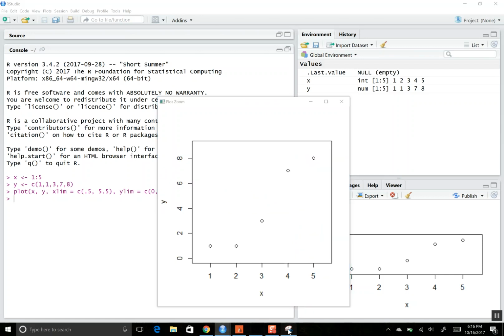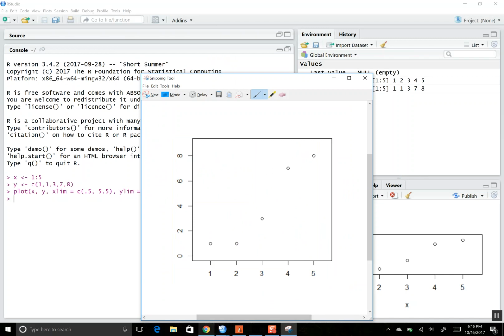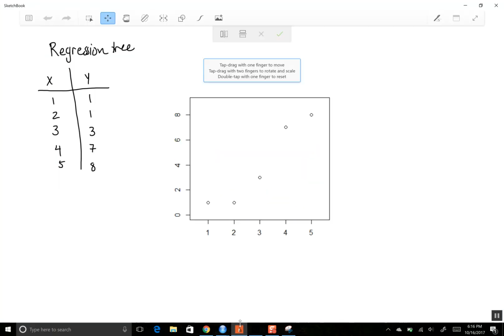Okay, so here is the plot of data that I'll use.